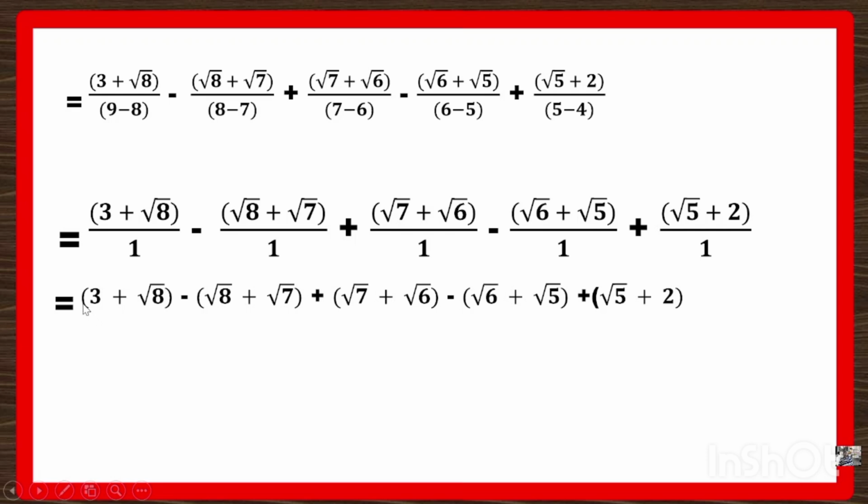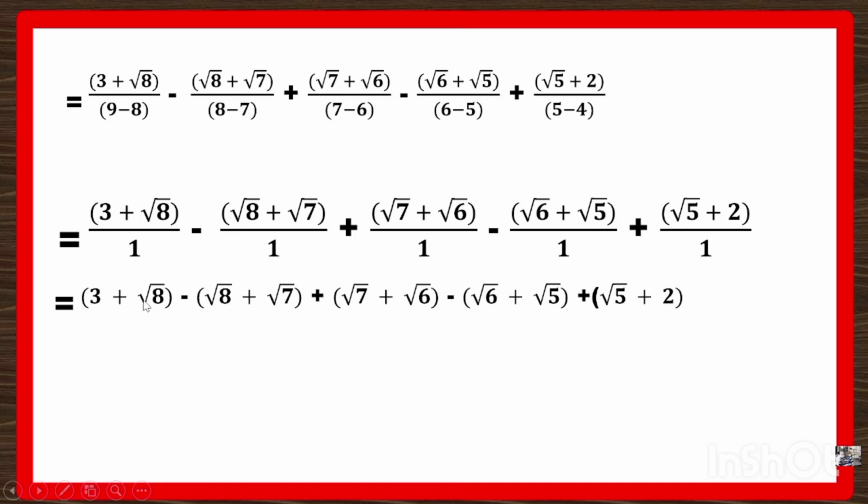We have to remove the brackets, and all of you know whenever we are removing the bracket, we have to multiply the sign before the bracket with the sign of every term inside the bracket. If there is a plus sign, the sign of the terms inside the bracket will remain the same. And if there is a minus sign before the bracket, then all the terms will change their sign. The plus term will be minus and minus will be plus.